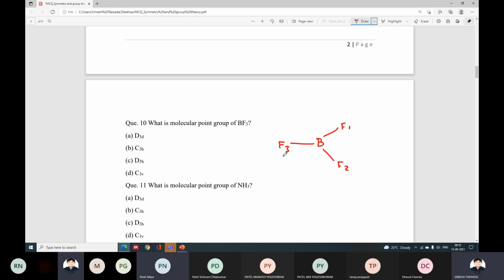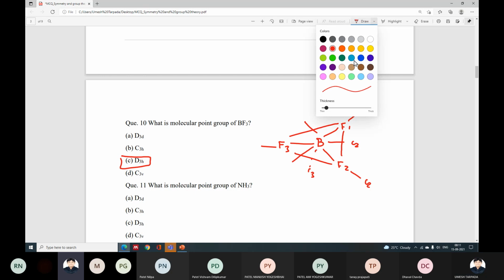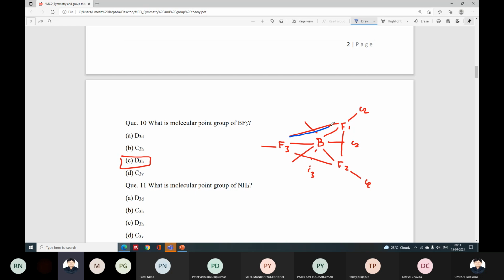Good. The principal axis is C3, which is perpendicular to 3C2, and the plane of the molecule is nothing but sigma h.